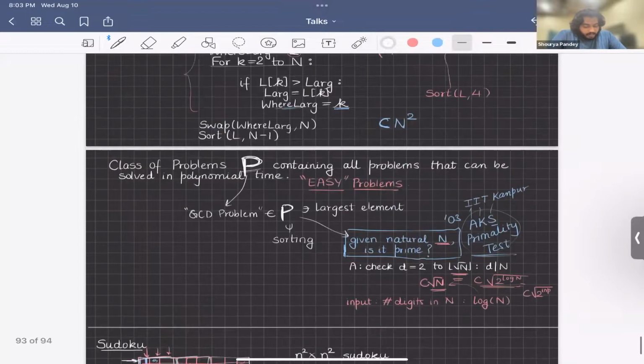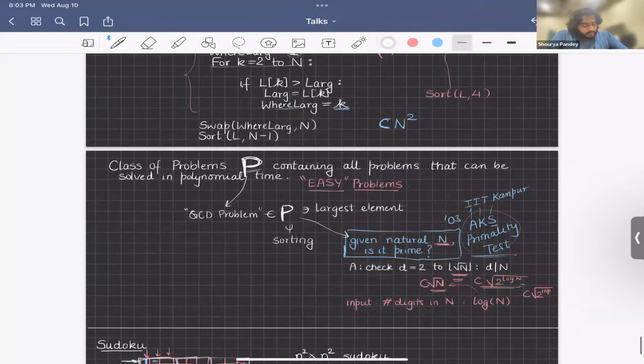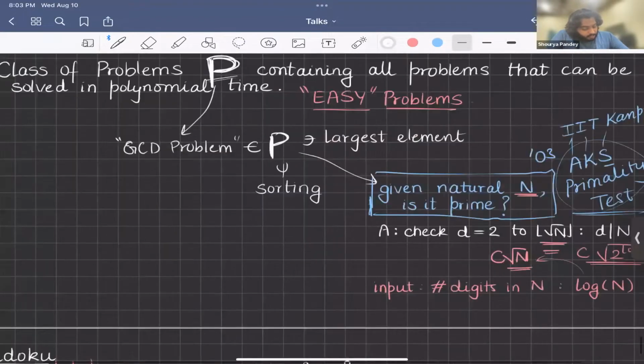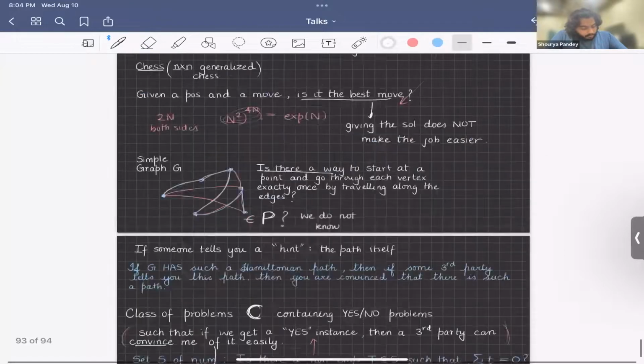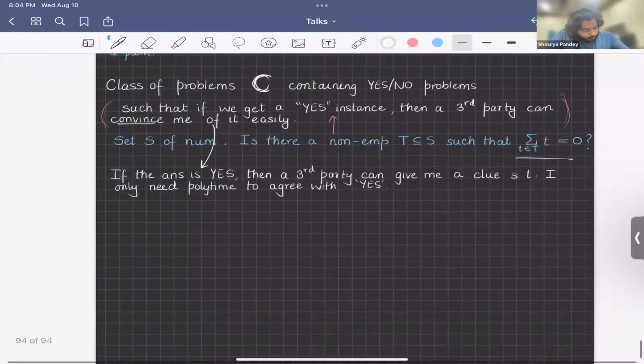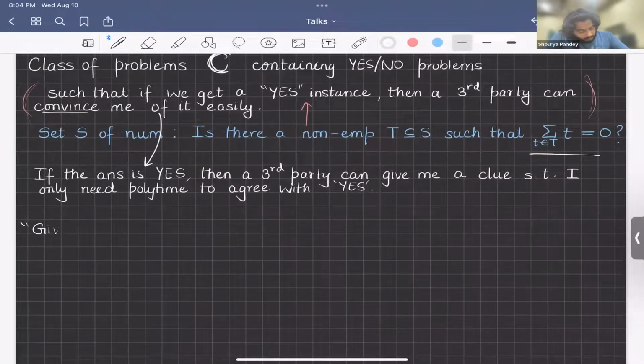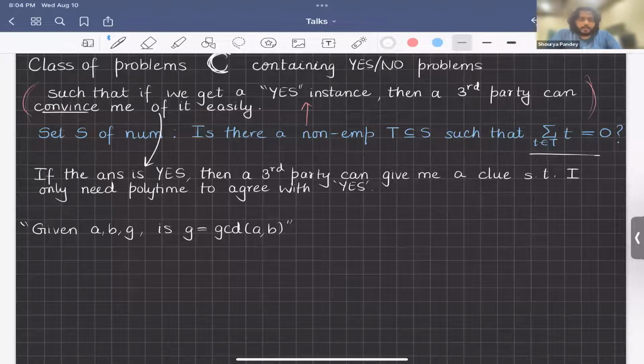But consider this problem. For example, given A, B, and G, is G equal to GCD(A, B)? So let me write this down. So what about this problem? Given A, B, G, is G equal to GCD(A, B)? Here the point is, I don't even care about this third party.